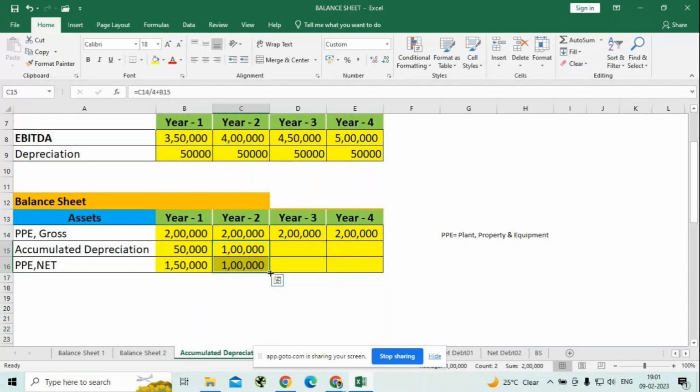You can calculate it the same way for the other years. By the end of the period, it is going to be a zero value of an asset.